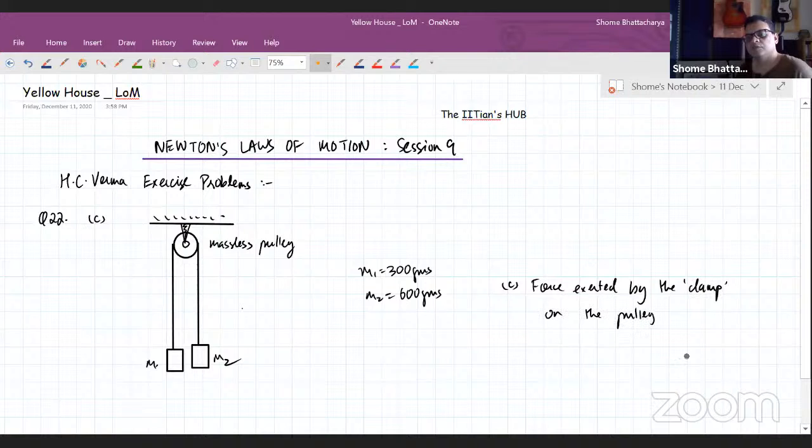When you look at the pulley, it's like this kind of an object, but its own mass is negligible. Now this is the clamp of the pulley. It's attached to the ceiling like this. So this one here, this is the clamp.